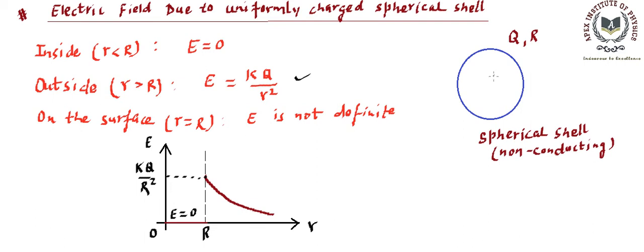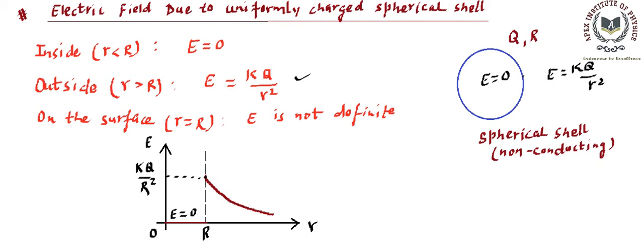So inside the field came out to be 0, outside the field came out to be KQ upon r square, just like a point charge. And on the surface it is discontinuous, hence we say on the surface the field is not defined.